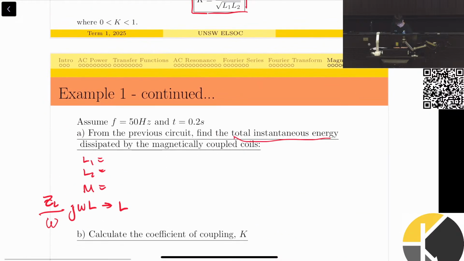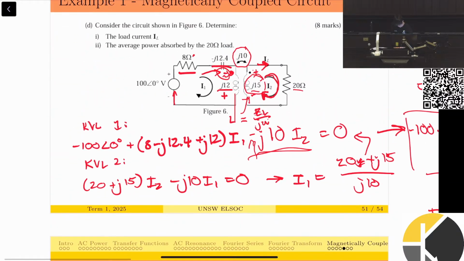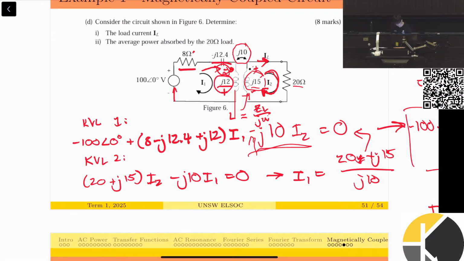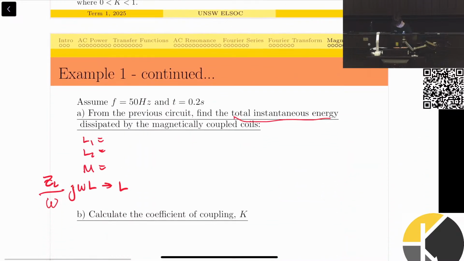So L1 will be this value here, L2 will be this value here, and M will be this value here. So I have L1 is 12 over omega. Omega is 2 pi times the frequency, which is 100 pi. And I'll repeat this for the other ones. So that's all of our inductances.